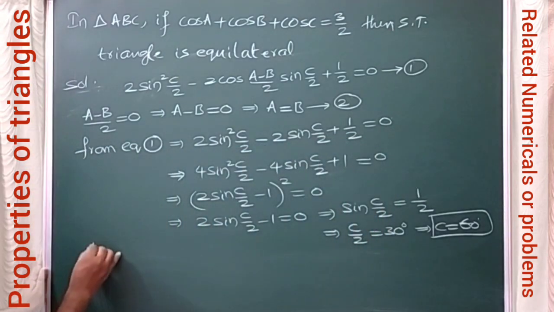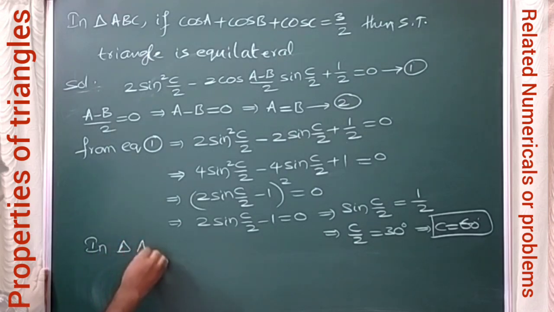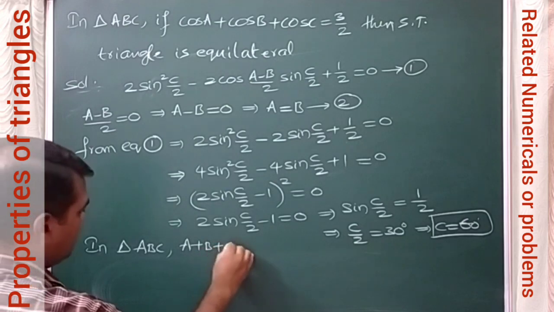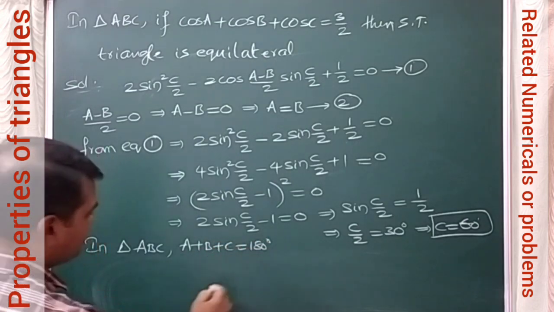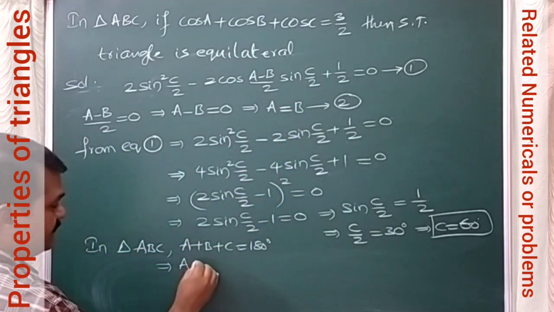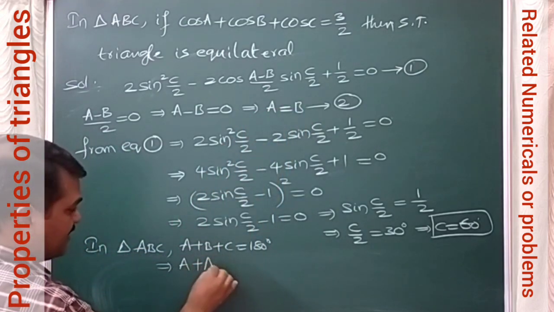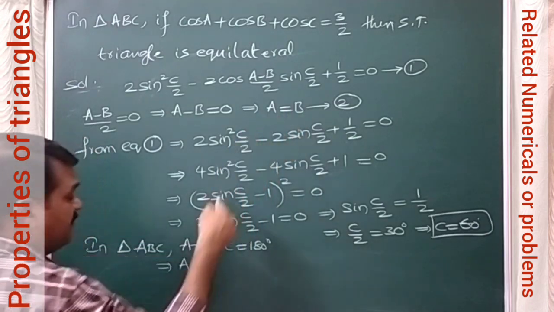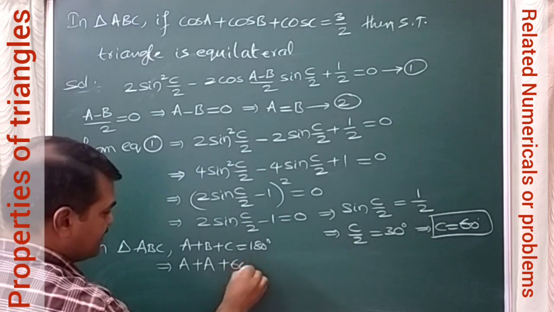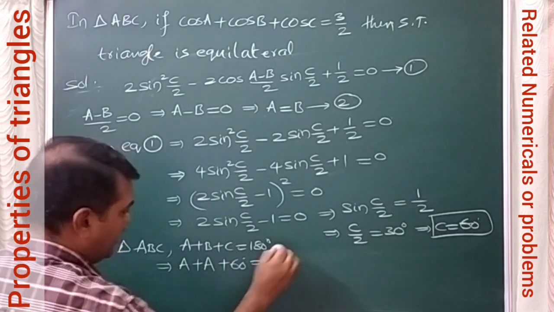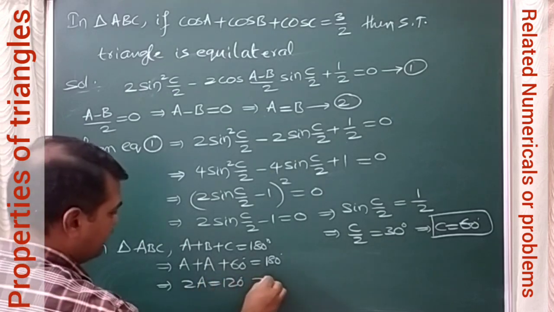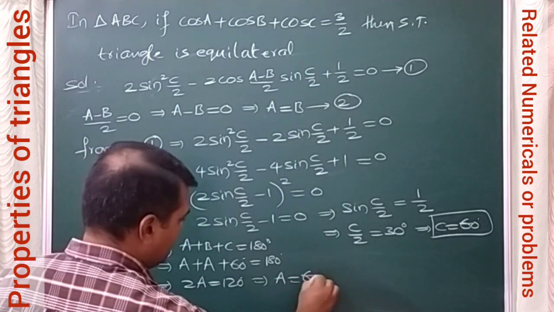So in triangle ABC, we know that A plus B plus C is 180 degrees. Now we got A is equal to B, so in place of B I wrote A. C we got as 60 degrees. So clearly 2A is equal to 120, which means A is equal to 60.